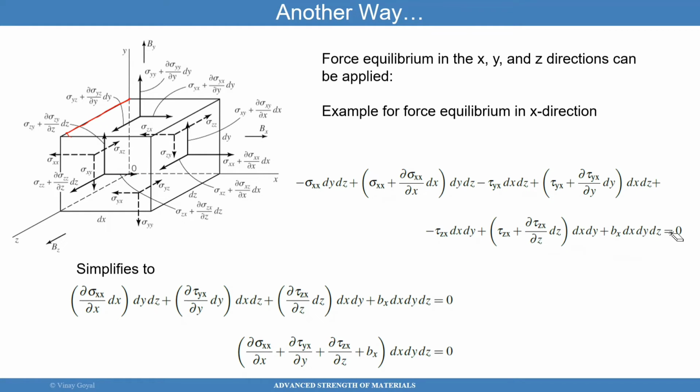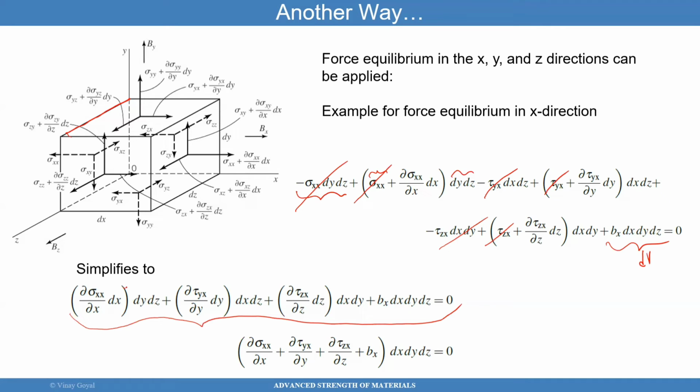What you notice here is that this sigma xx cancels with this one because that's multiplied by that. So this cancels with that, this cancels with that, this cancels with that. Then you have the body force in the x direction, and it has to be multiplied by the volume, dV. When I do that simplification, I end up with this equation here.